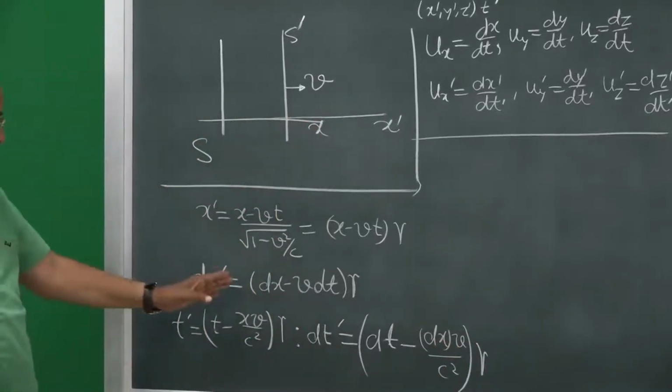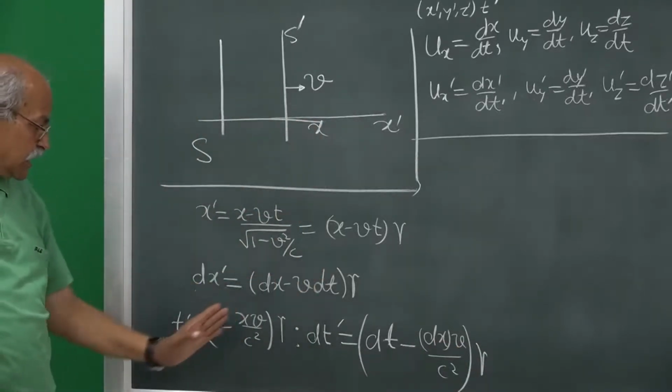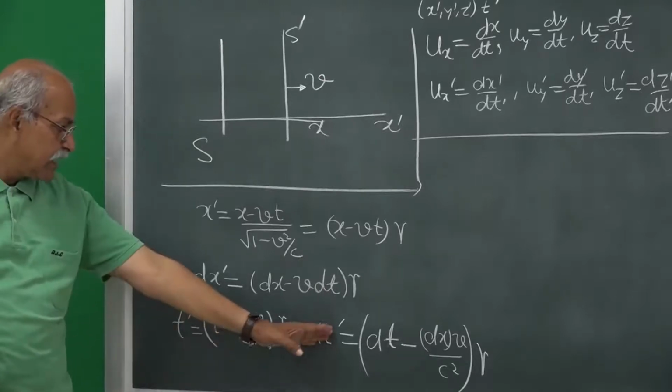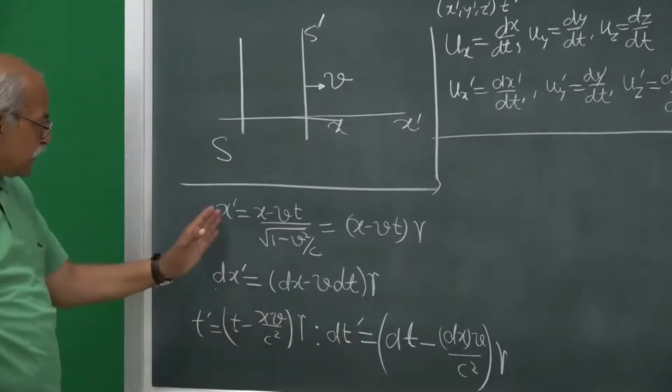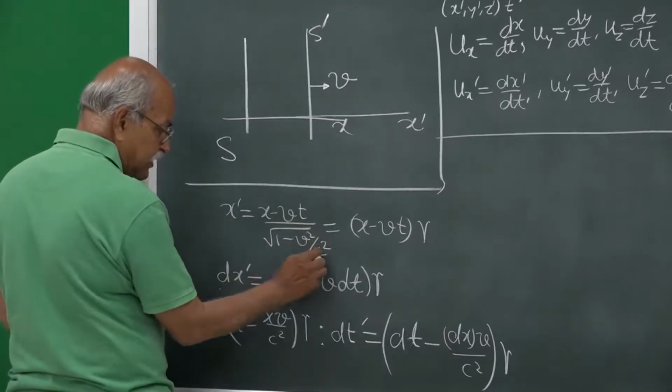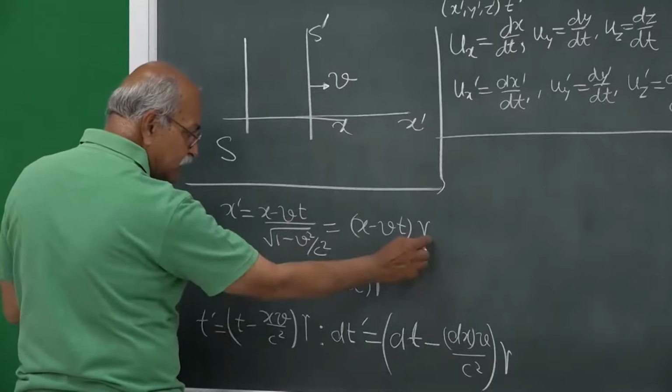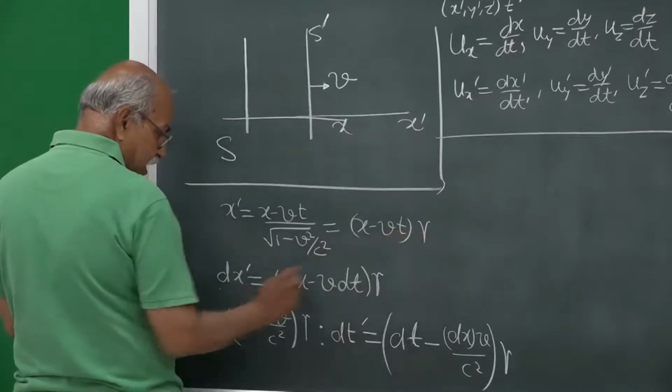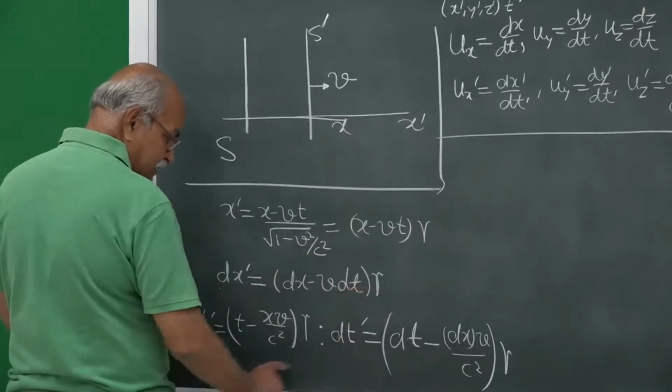We have expressions for dx prime and we have expressions for dt prime, and we start from x prime is equal to x minus vt over square root 1 minus v square by c square, and this factor we are writing gamma, which is independent of time, and therefore dx prime is this and dt prime is this.